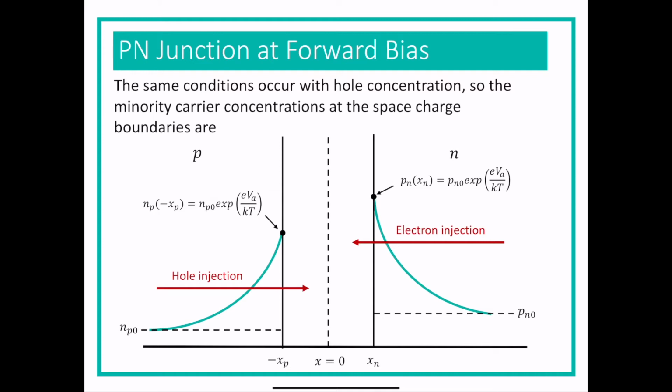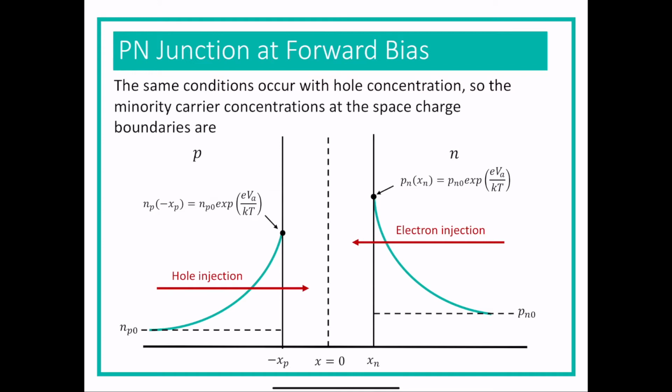And that's where you get the electron injection and the hole injection. You get that from the fact that there are minority carriers that are excess and are right up against the depletion region, so they almost get pushed in rather easily.